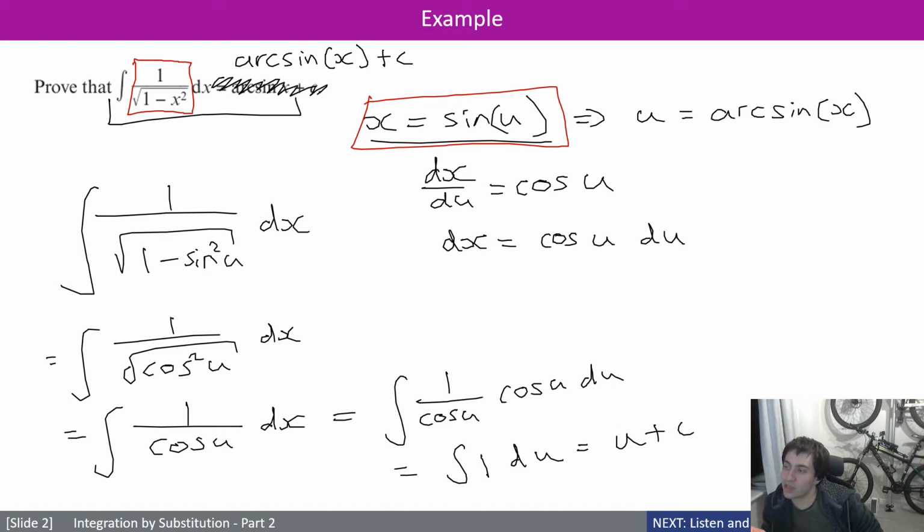However, you could imagine if it was say 1 plus x squared, because you know that tan squared plus 1 equals sec squared, and that tan and sec have a relationship in that they can differentiate to each other. Tan differentiates to sec squared. Therefore, you could see that maybe something like 1 over 1 plus x squared might use a tan as a substitution.